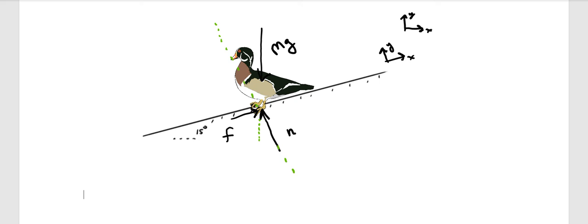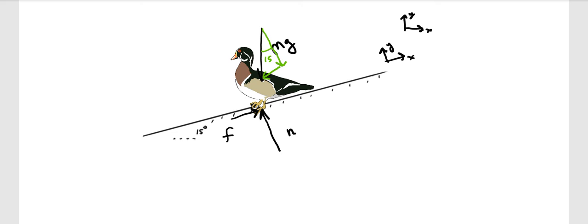Let me get rid of some of this stuff here. All right, so our gravitational force vector, we can do a component this way and a component this way, and this would be a 15-degree angle.